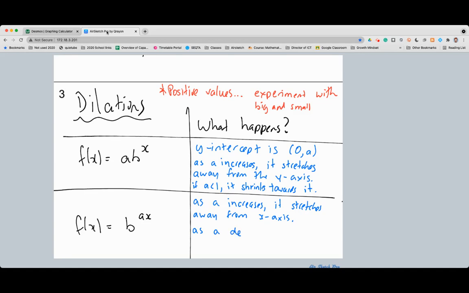Got a bit more room this time. And the y-intercept is unchanged. Okay, so that's dilations in a nutshell. It stretches a graph.